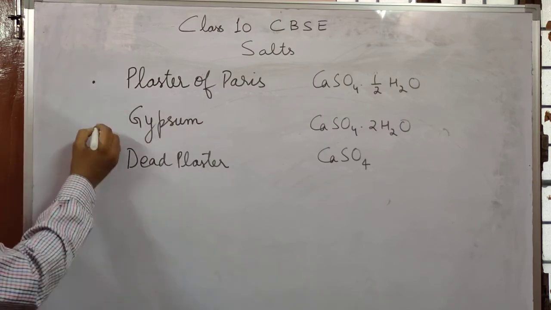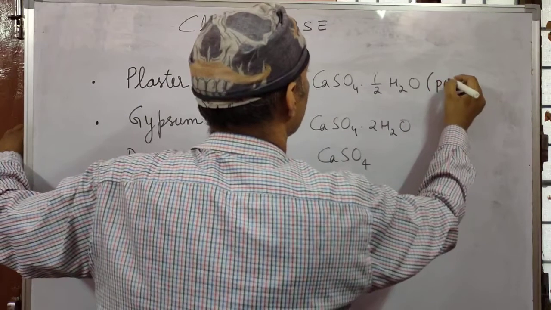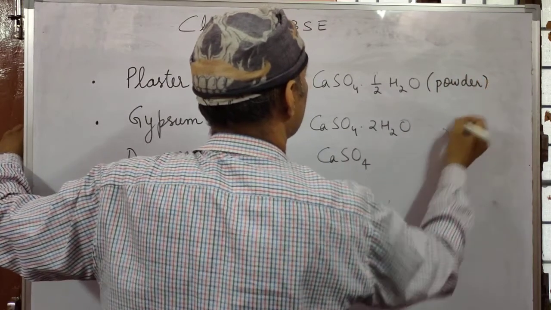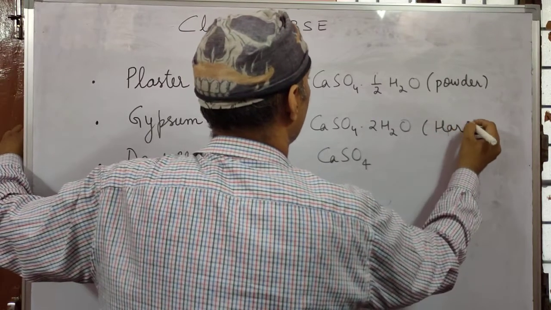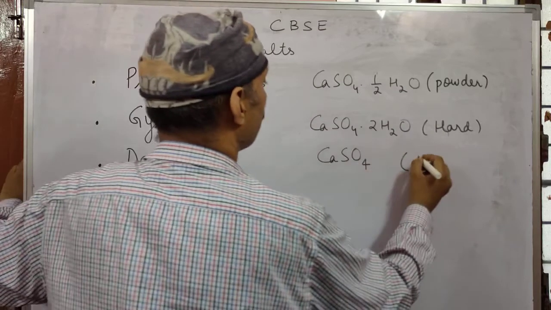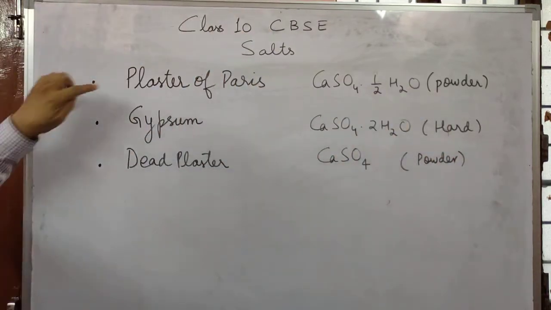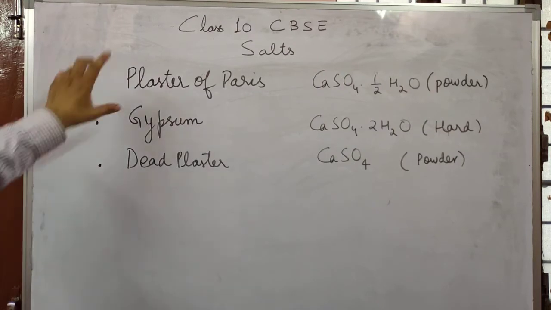Then why have we discussed this? Now you see, plaster of Paris is a powder. This is hard, solid. This is also a powder. Now what is the difference between this and this powder? Both are white in color.